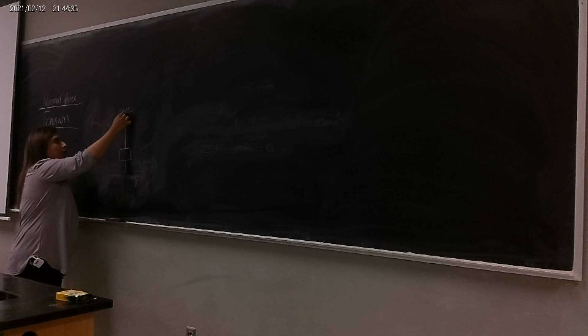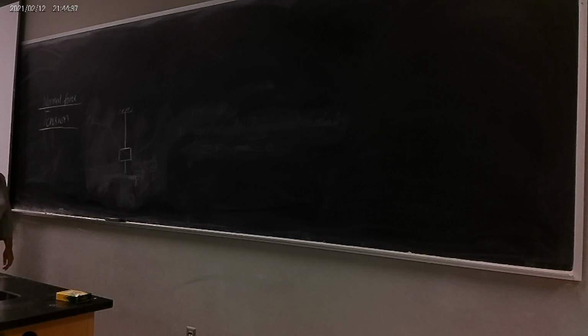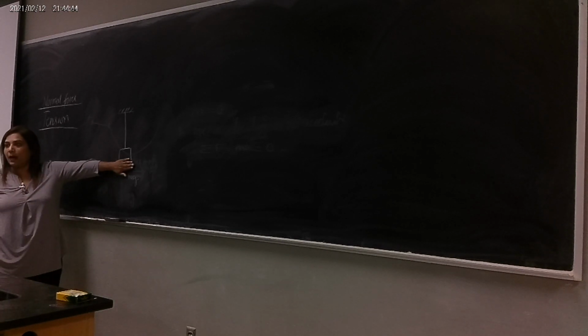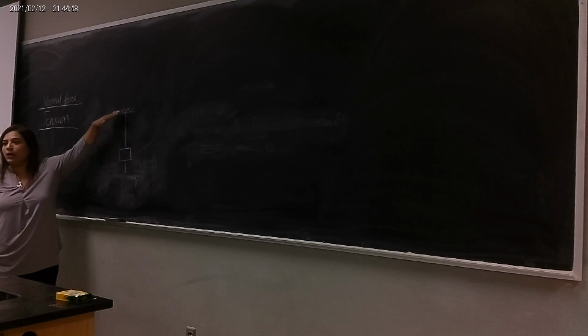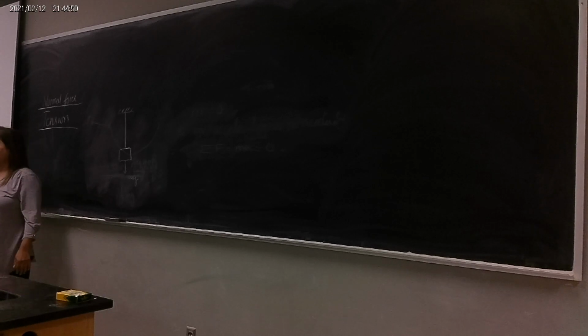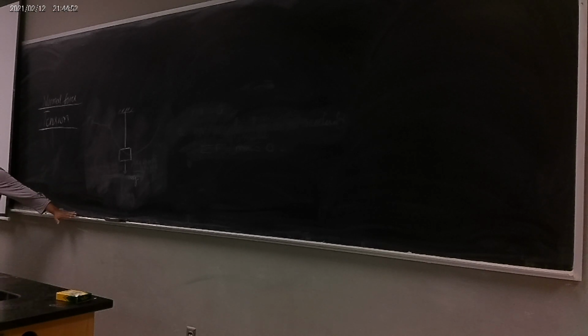So this string, if we consider it massless, where do you think I should draw the tension force? By the way, this is not a string. This is my arrow for the weight, okay? This is the string. So where do you think the force should act? Should I put the normal force here? Something hanging from the ceiling? No. Which force do you think should be there?